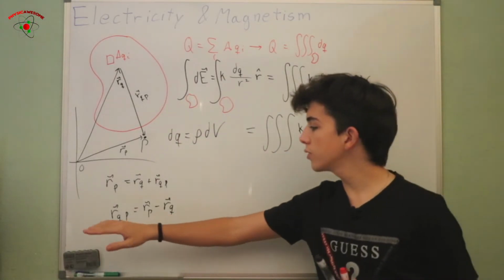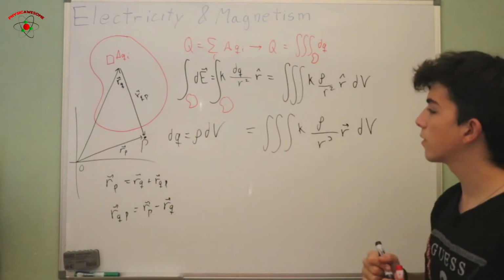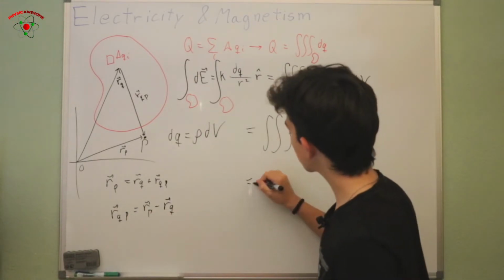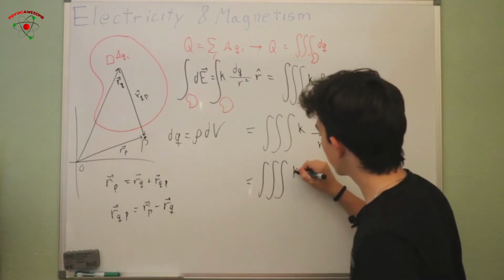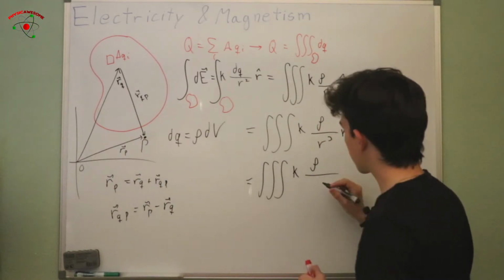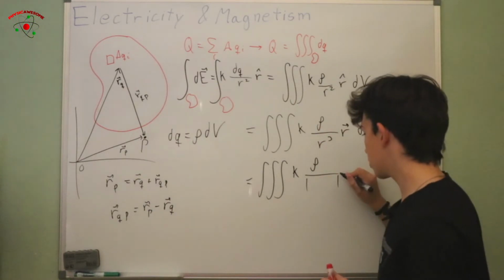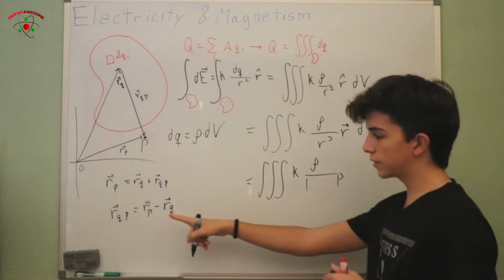Now we are ready to input this into our equation. This is going to be the triple integral over q rho. Now the magnitude cubed of this.